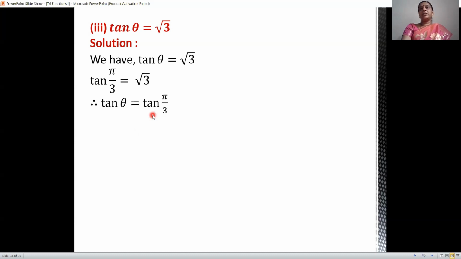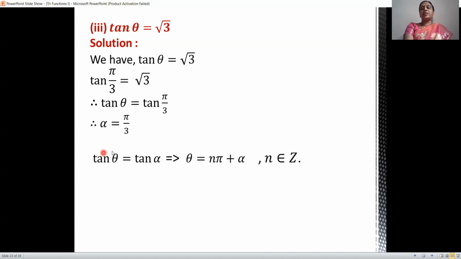If the function is of the type tan theta is equal to tan alpha, then the general solution is theta is equal to n pi plus alpha, where n belongs to Z. Keep the value of alpha as pi by 3 in this formula. What will we get? We will get tan theta is equal to tan pi by 3. This implies theta is equal to n pi plus pi by 3, n belongs to Z. And what is this tan theta is equal to tan pi by 3?